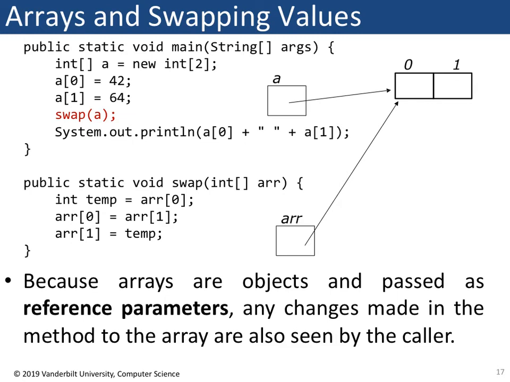So at this point we have A pointing at this object in memory, which has 42 and 64.